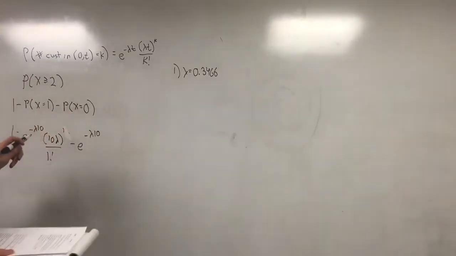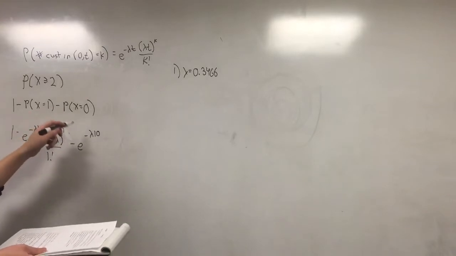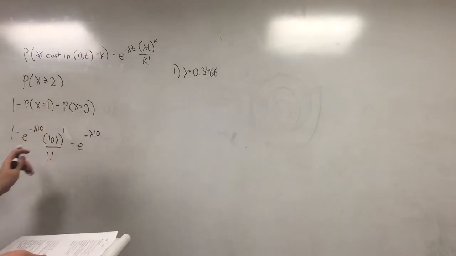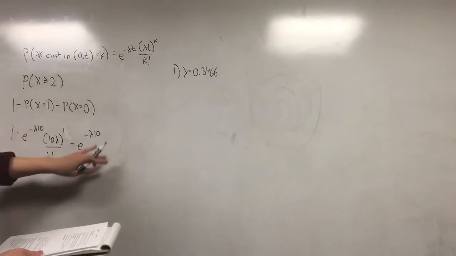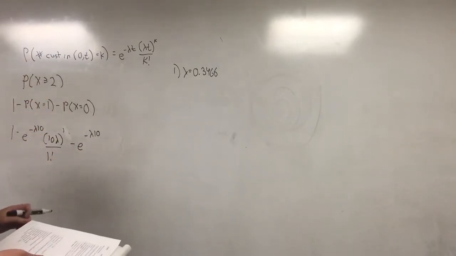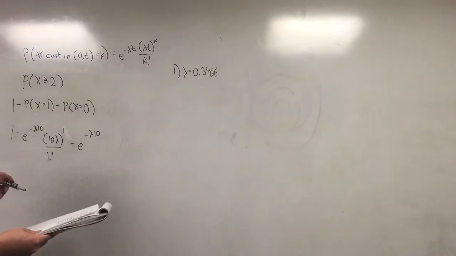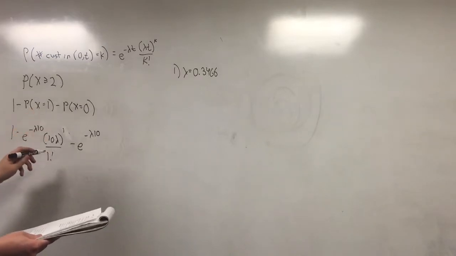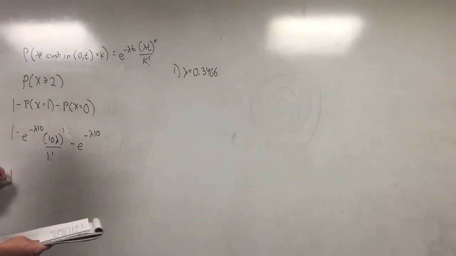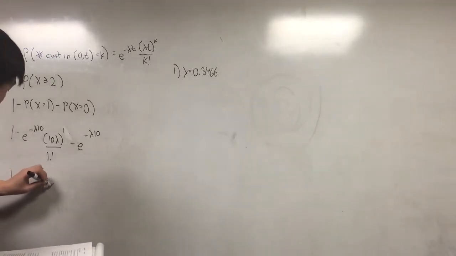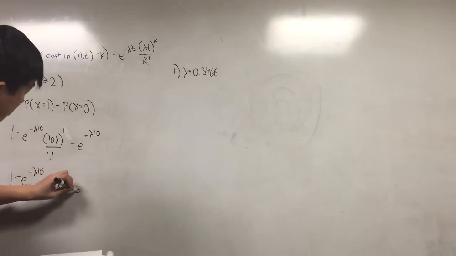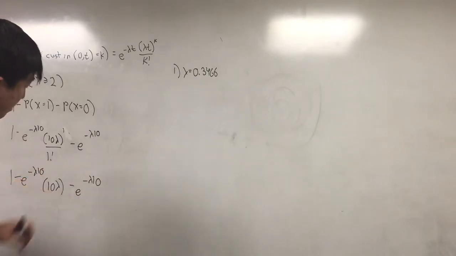K is equal to 0 in this case. So this, like last time, just goes away. So it just equals e to the negative lambda 10. The first part just ends up equaling 10 lambda, so we can rewrite that as e to the negative 10 lambda times 10 lambda minus e to the negative 10 lambda.